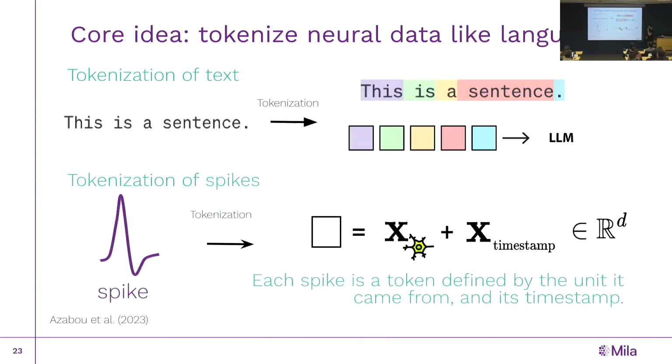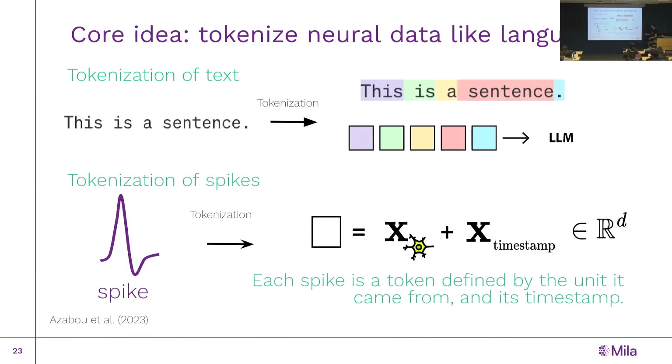So instead, what Eva and Mehdi said is, let's not tokenize the neurons, let's tokenize individual spikes. And let's do so in a way that lets the transformer learn about the relationship between different neurons in different data sets, such that they can be radically different neurons, but maybe they have some interdependent relationship between them.